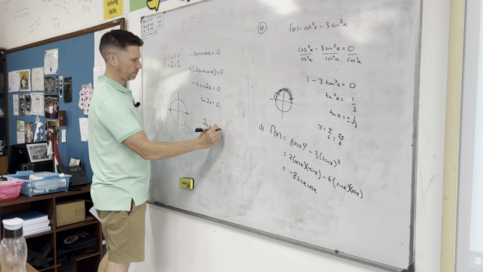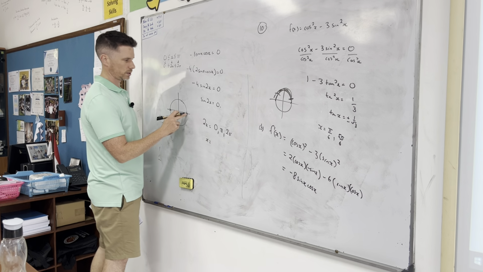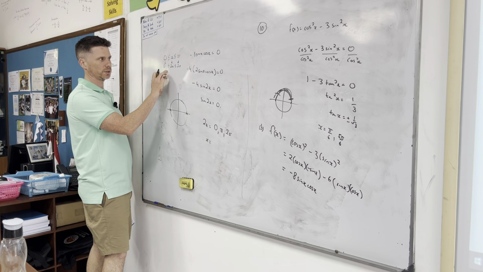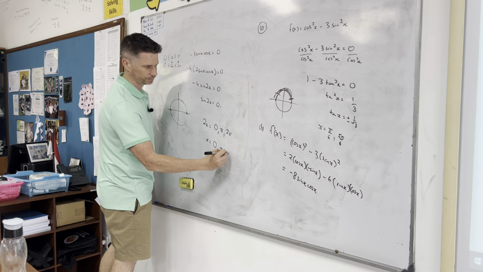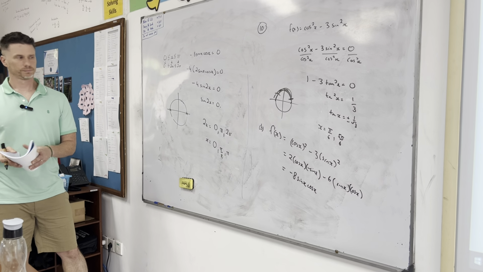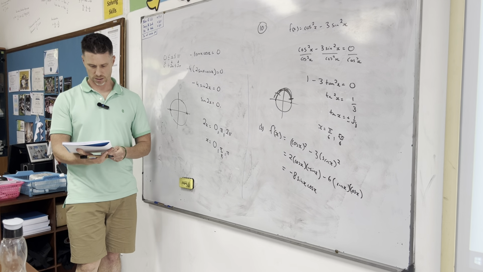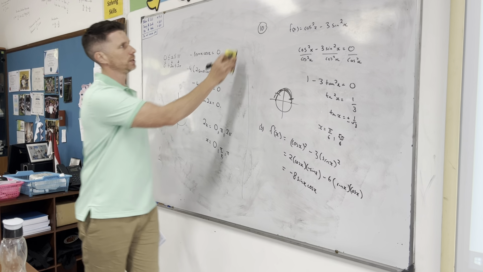Then divide everything by 2, because I have my answers for 2x, not my answers for x. So x is 0, pi over 2, and pi.